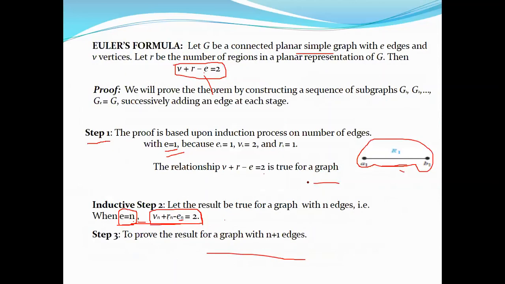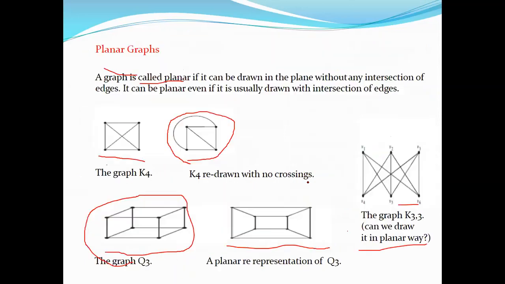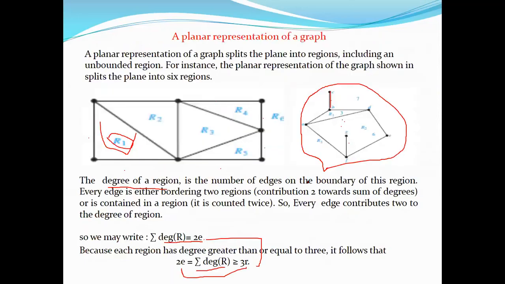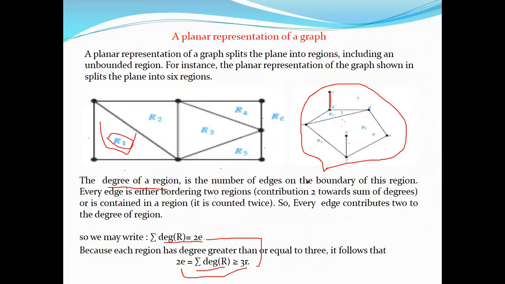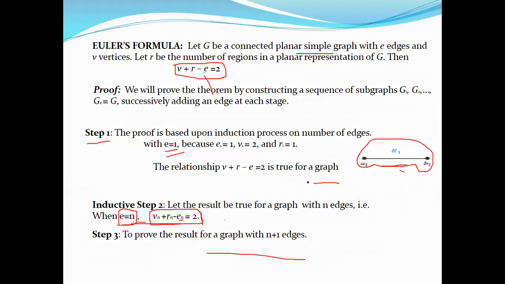Let me summarize. A planar graph is one which can be drawn without intersection of edges. The next one is the degree of regions; we have not yet used this concept. And the next is Euler's formula. It is a mathematical formula connecting the number of vertices, number of regions and number of edges, provided that the graph is a simple planar connected graph.